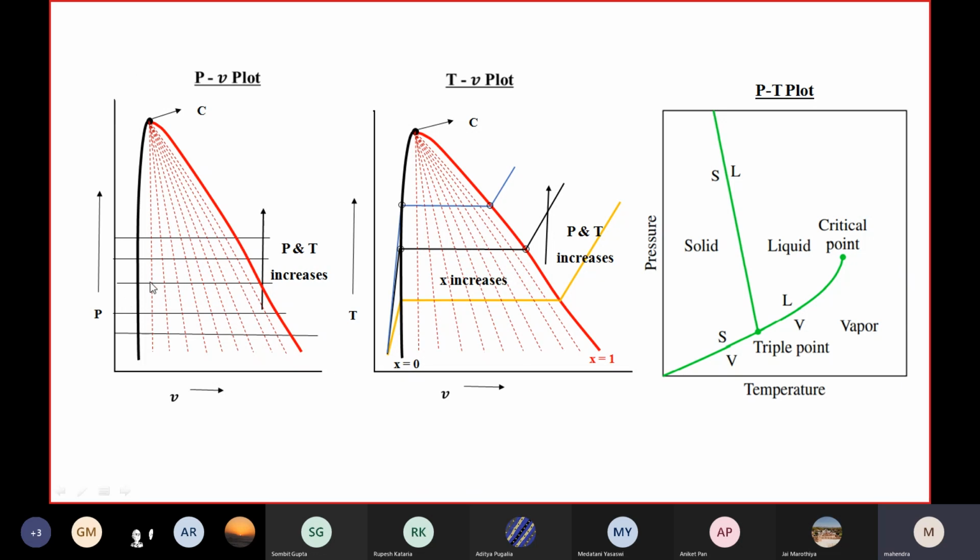At any condition, this or this or any other, we need to calculate how much liquid and how much vapor there is. That we call the dryness fraction.